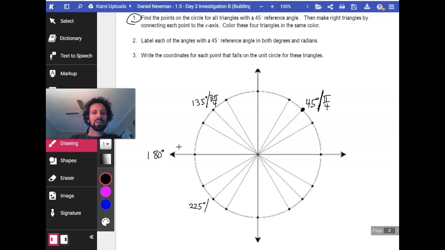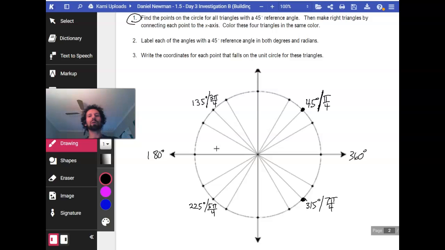Also 5 pi over 4 radians. And the last angle, whose reference angle is 45 degrees, is here. It's going to be 45 degrees less than 360. So that'll be 315 degrees. Also 7 pi over 4 radians.